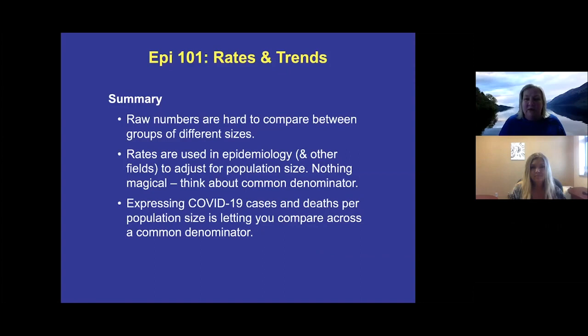All of us in middle school learned about common denominators, and that's all we're doing, is making a common denominator. And expressing these COVID cases and deaths per population size is letting you compare a variety of populations across the common denominator. So it's just making things doable. So that's the summary.